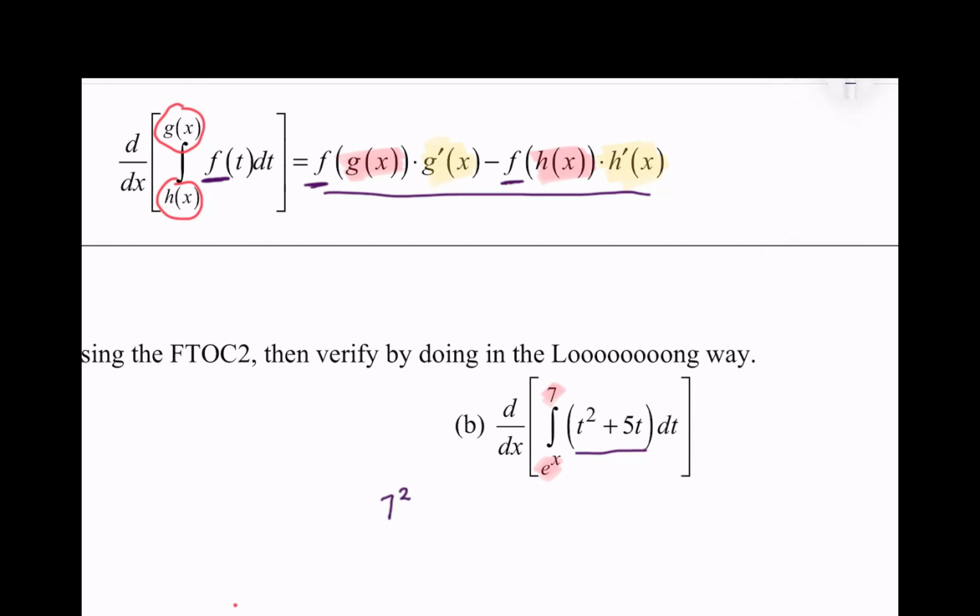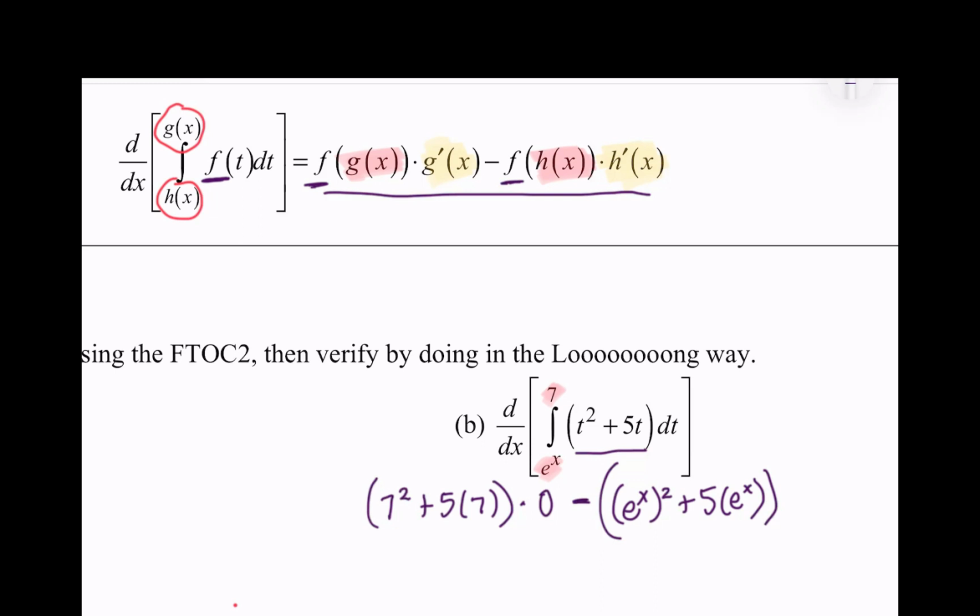So it's 7 squared plus 5 times 7 times the derivative of 7, which is 0, minus, now I'm plugging in e to the x, so e to the x squared plus 5 e to the x.